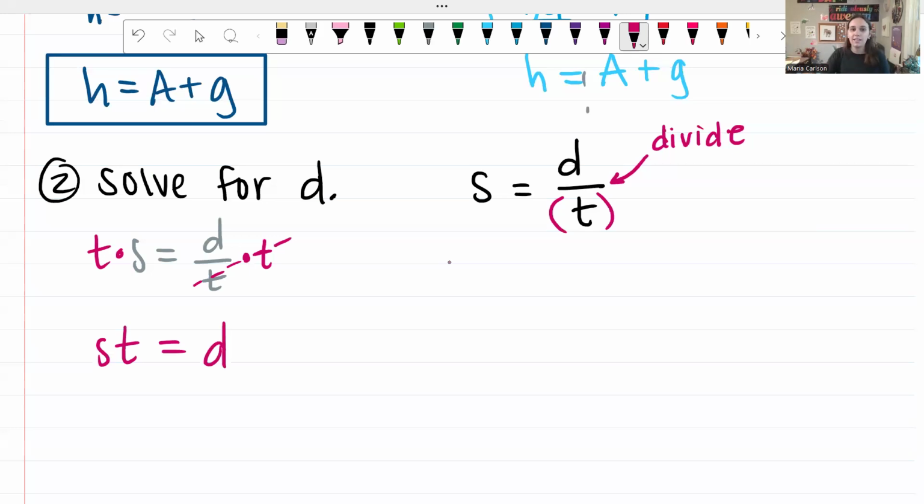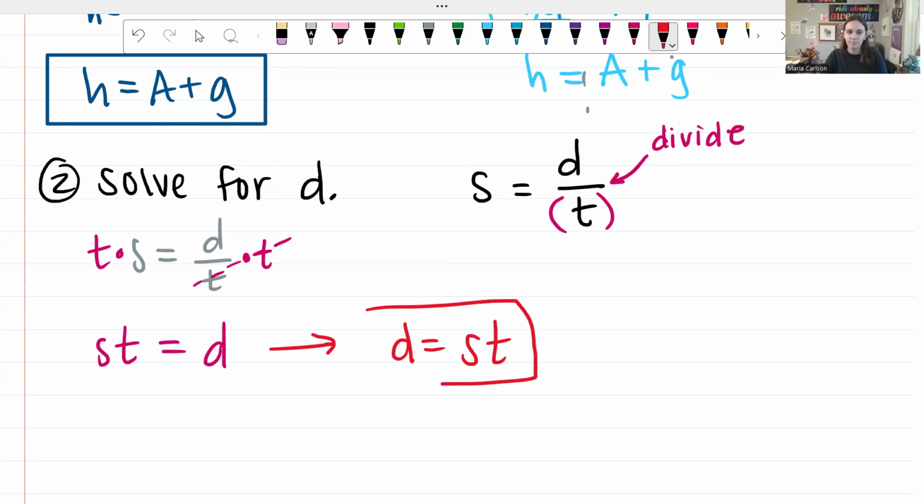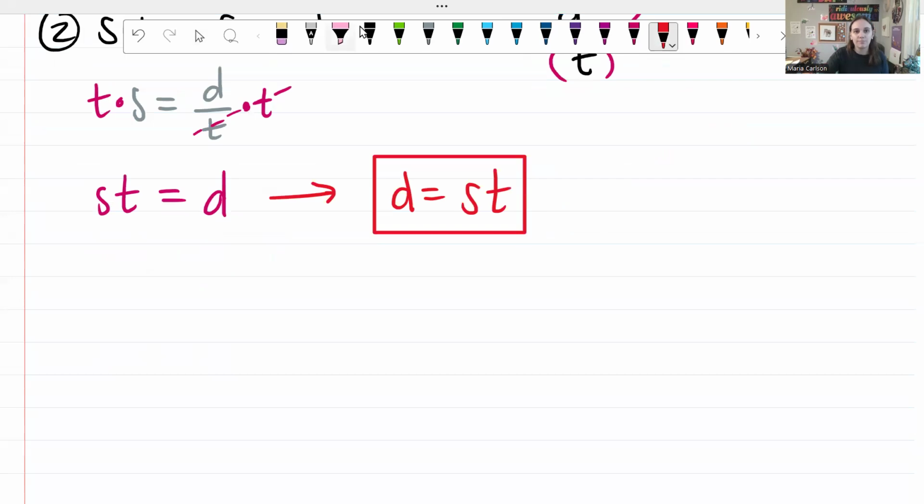So d all by itself is equal to speed times time, or s times t. So in this one, we just multiplied to get rid of that denominator.